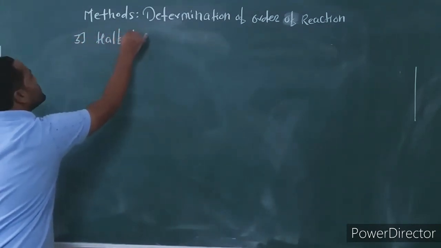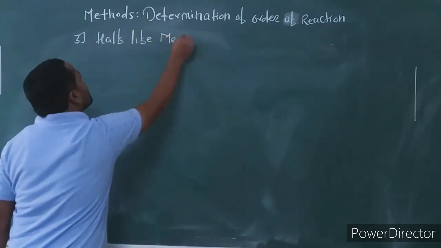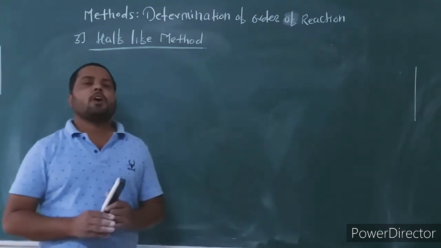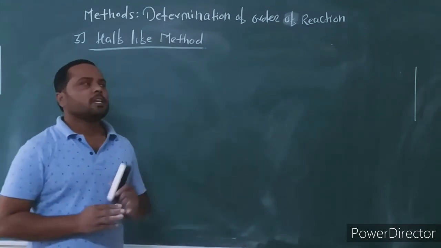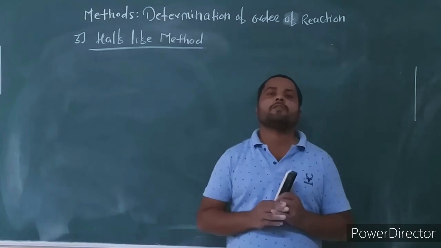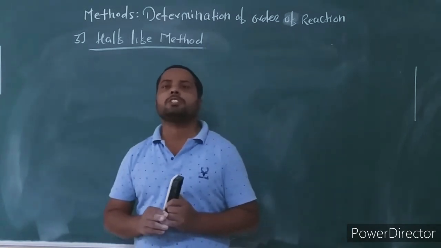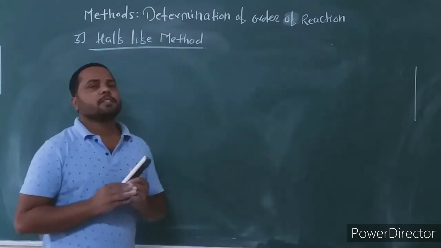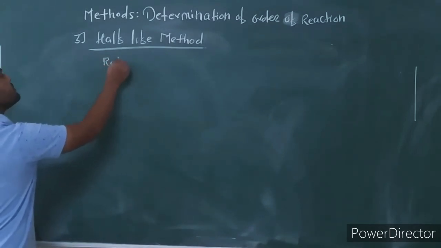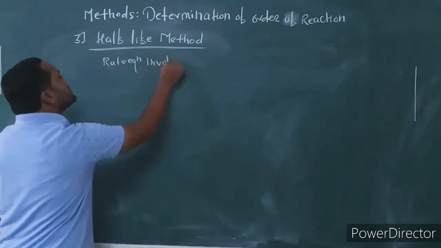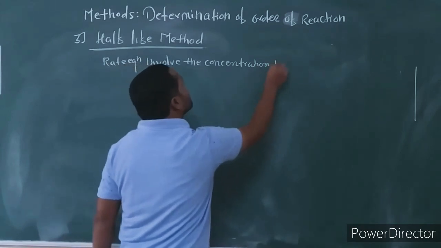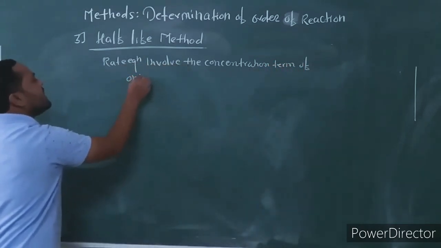The third method used for determination of order of chemical reaction is the half-life method.